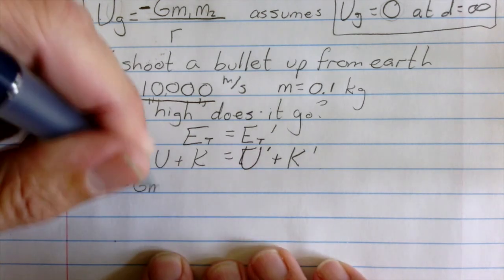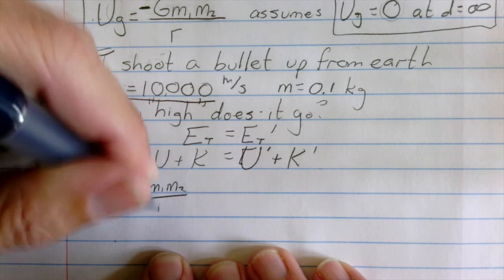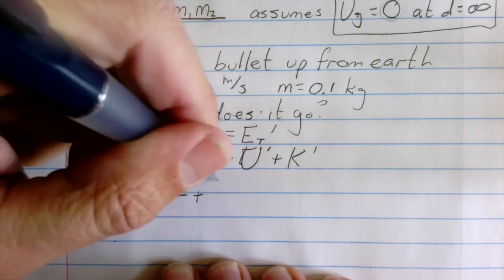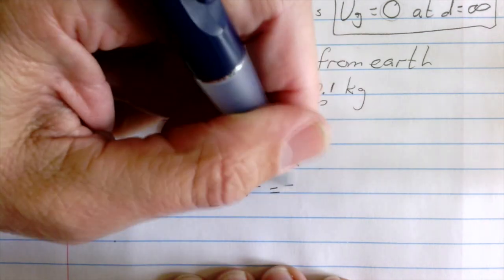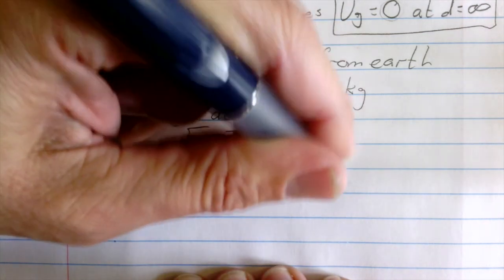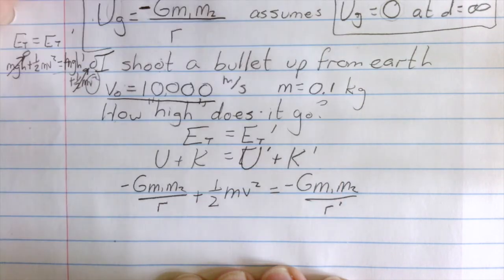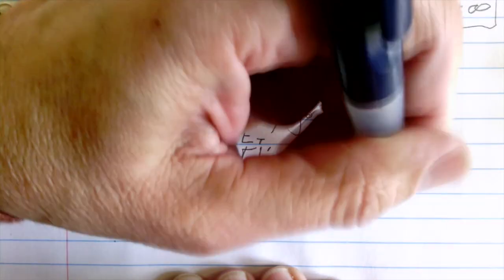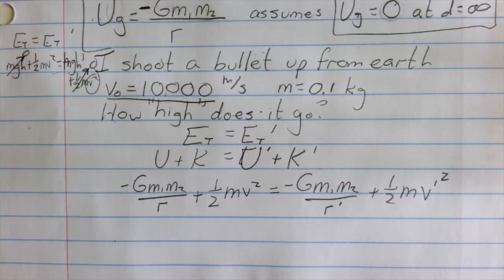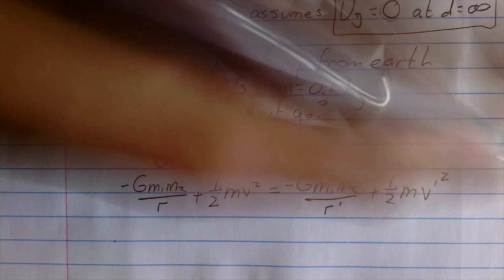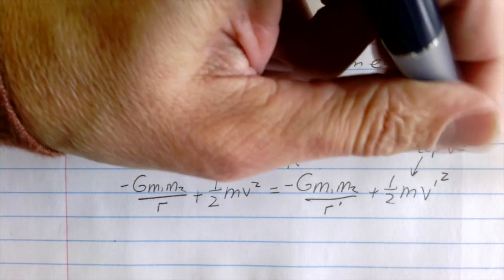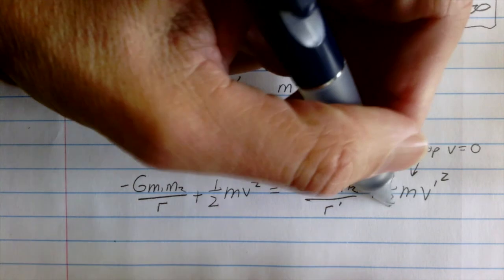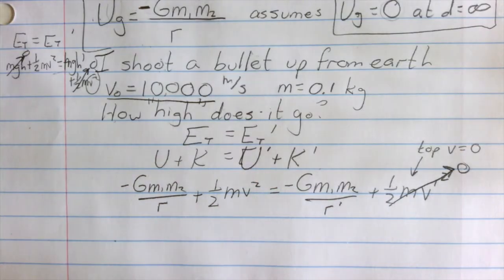Negative G M1 M2 over R plus 1/2 mv squared equals negative G M1 M2 over R prime plus 1/2 mv prime squared. Okay, now at top, v equals 0, right? We're saying how high does it go? So this whole term becomes 0.